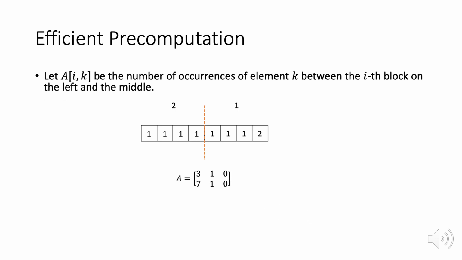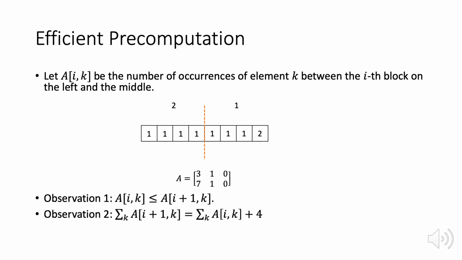There are some nice properties about the matrix A. First, each column of A is non-decreasing. This is because A_ik equals the number of occurrences of k in the first i blocks, and A_(i+1)k equals the number of occurrences of k in the first i+1 blocks.